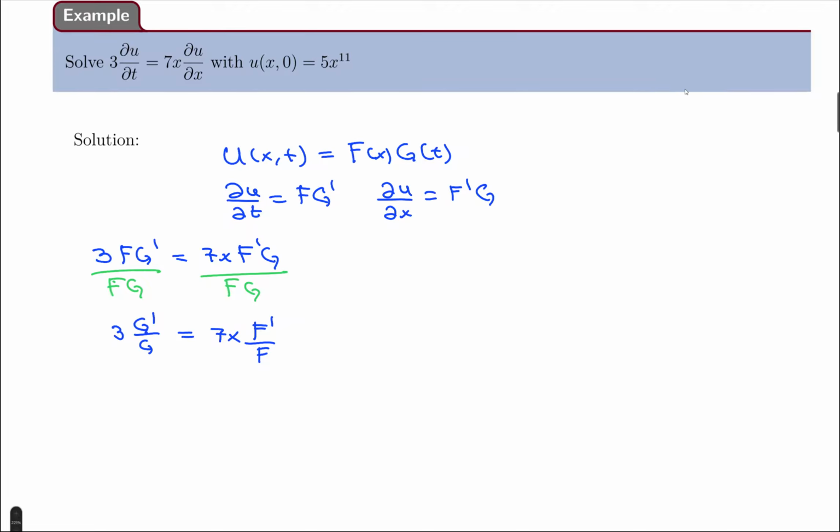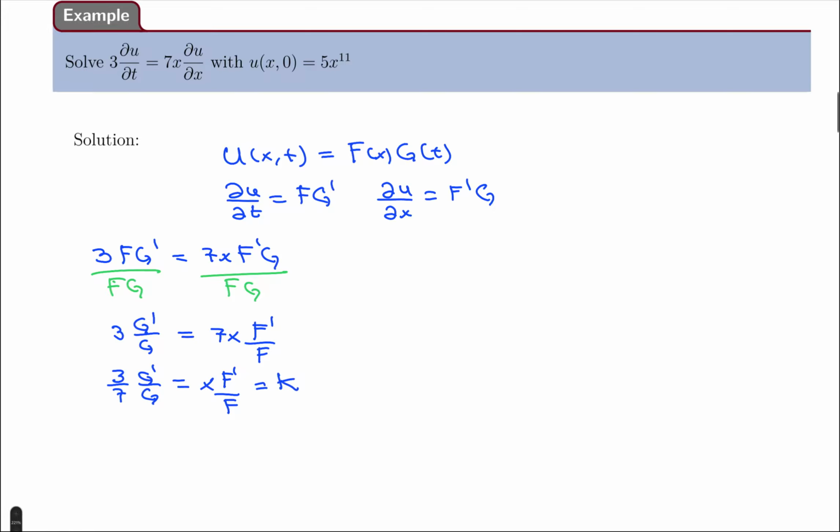Well, actually, I'm going to move all the constants to the g side. So that is going to be 3 over 7 g prime over g equals x f prime over f. And at this point, we have separated the variables. Well, so that means we're going to split the problem into two additional differential equations. And for this, we will need a separation constant that we're going to call k.